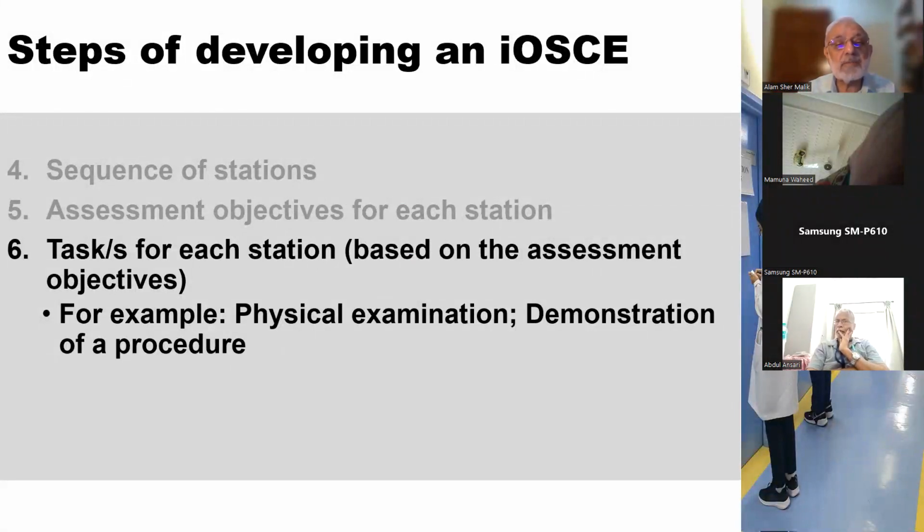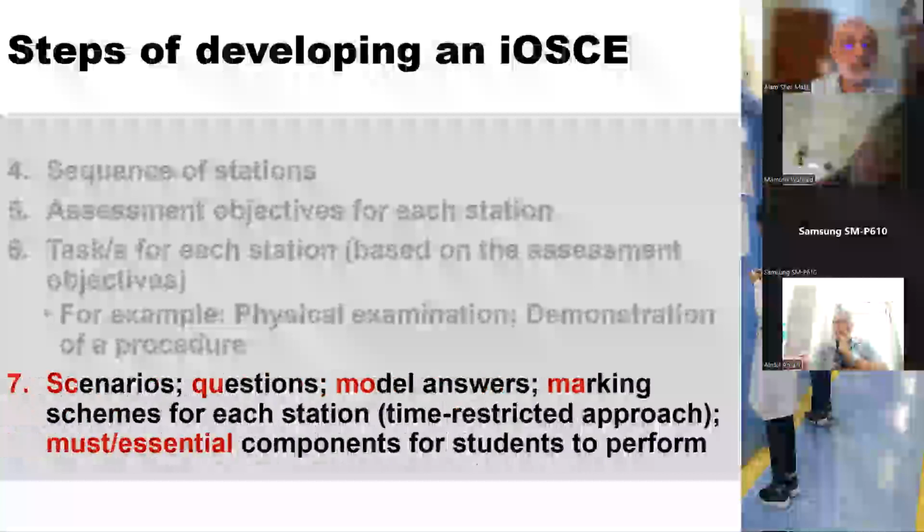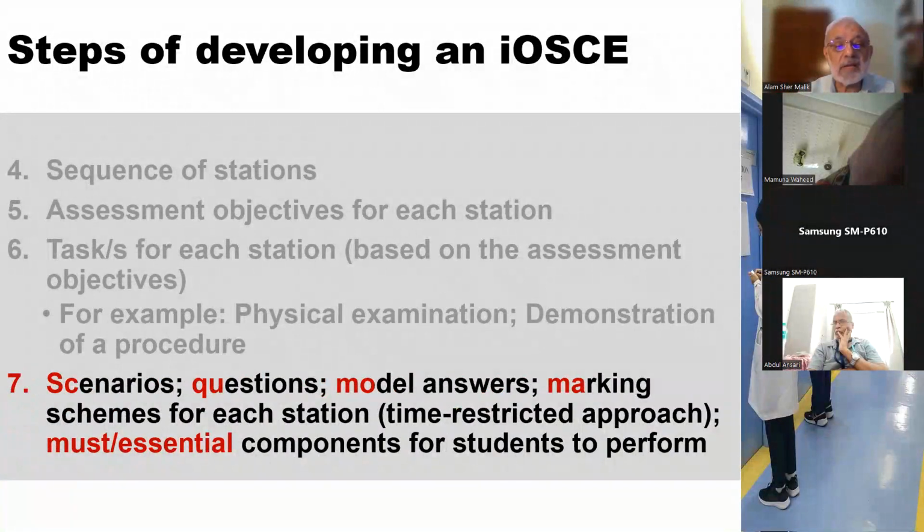Then tasks for each station based on the assessment objective, for example, physical examination or demonstration of a procedure. Then scenarios, questions, model answers, marking schemes for each station. And another important point here is to identify the must-know or essential components for students to perform in each OSCE.